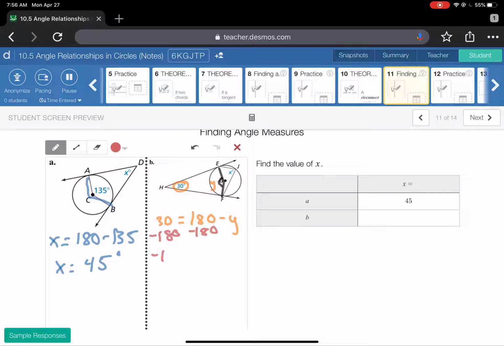It's going to give me negative 150 is equal to negative y. If I divide by negative, you're going to get 150. So that angle y, the black one that we drew, is 150 degrees.